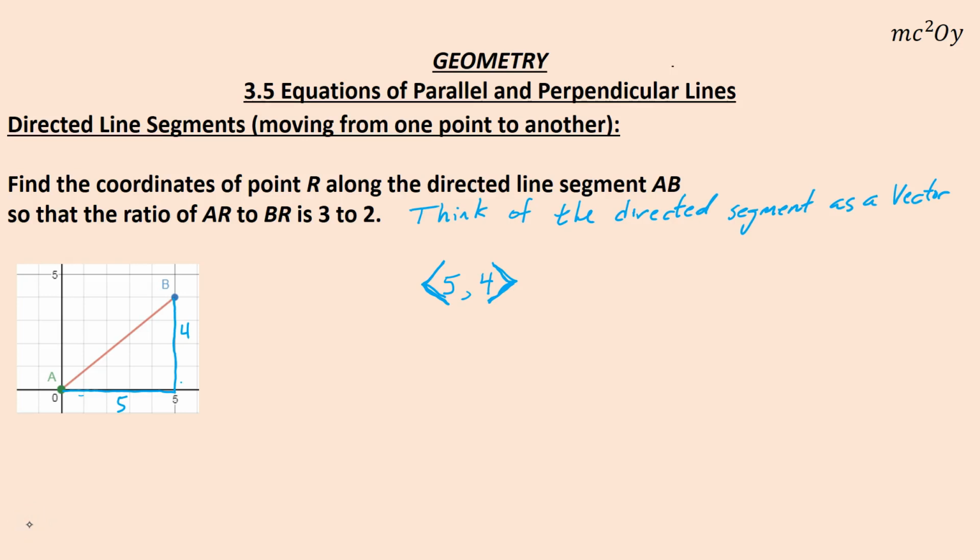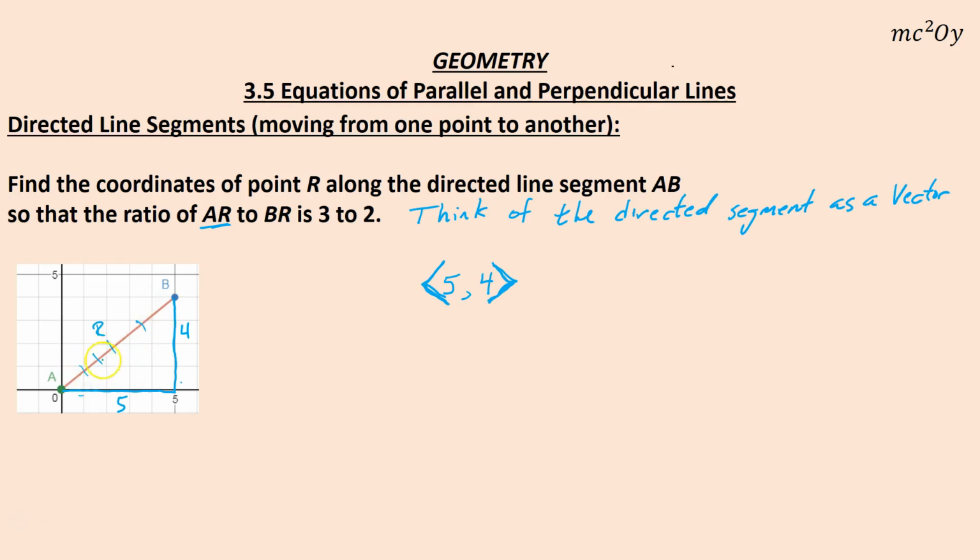Let's find the coordinates of point R along the directed line segment AB so that the ratio of AR to BR is 3 to 2. It's quite the mouthful, but really what they're saying is where could you put point R along AB so that, let's pretend just for a second R was right there, AR would have 3 pieces in comparison to 2 over here.